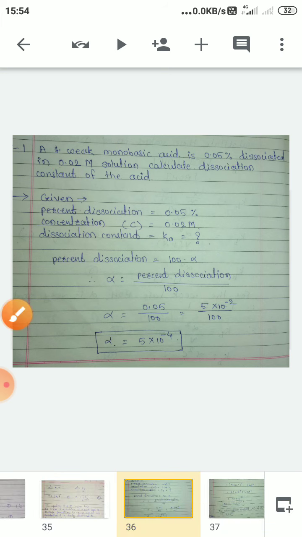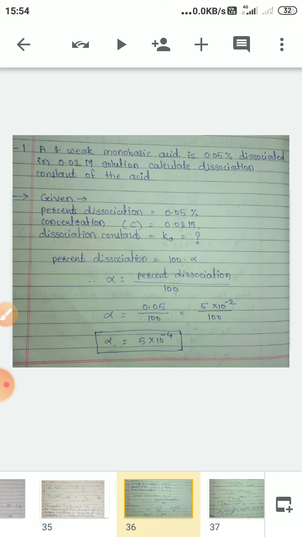What is given here is percent dissociation, which is 0.05%, and the second thing given is concentration, C equal to 0.02 molar. And the question asks for the dissociation constant.